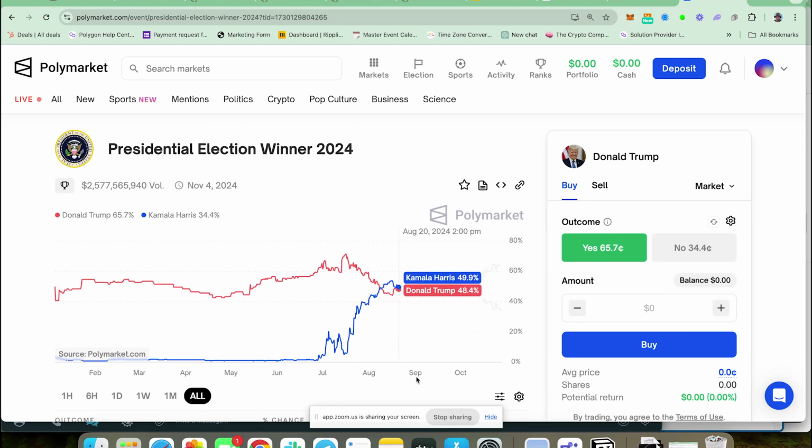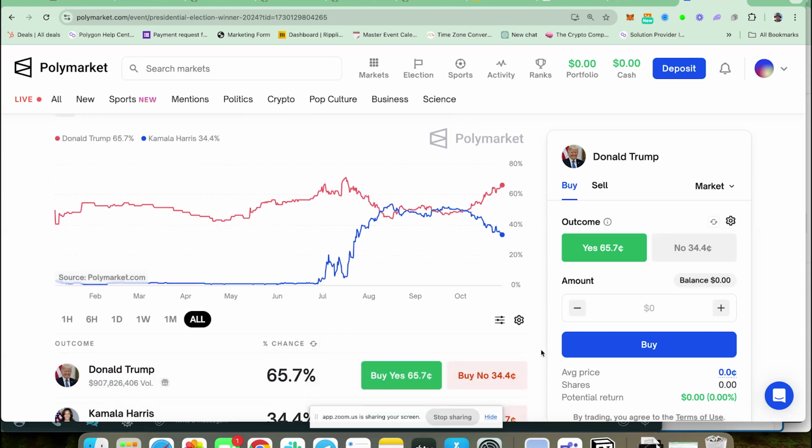From mid-August till October, more or less, it was almost a tie, but it looks like in the last days there has been a strong swing of people betting that Trump is going to win. I think it is very linked to what happened in the last days with Trump at McDonald's, Elon Musk also supporting Trump, and so on. Many people are getting bullish about that.